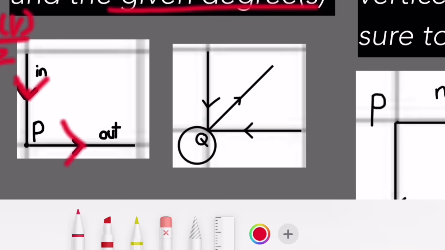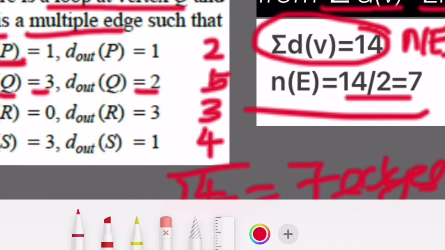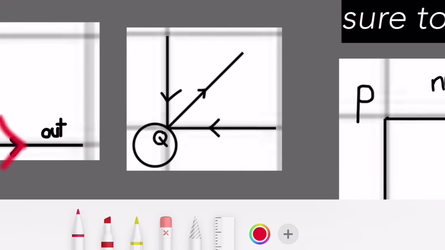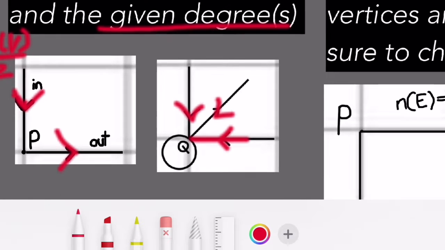Let's study Q. We have in 3, out 2. So that is how we have to draw the in 3 and then out 2.